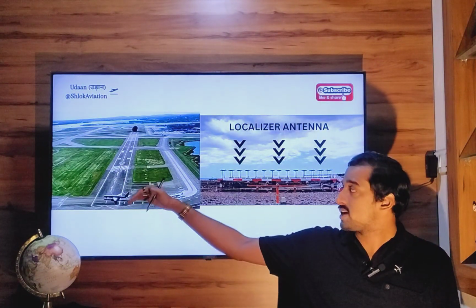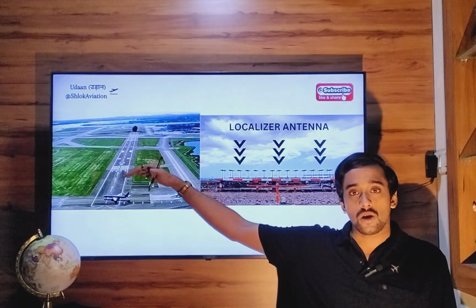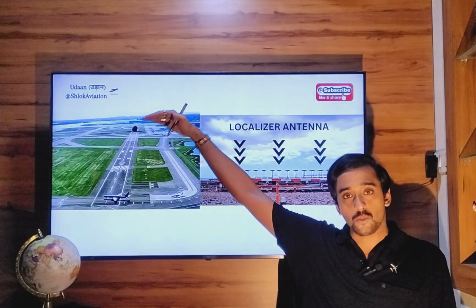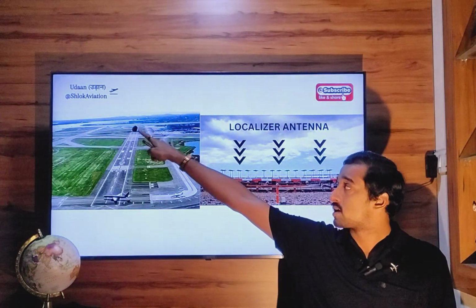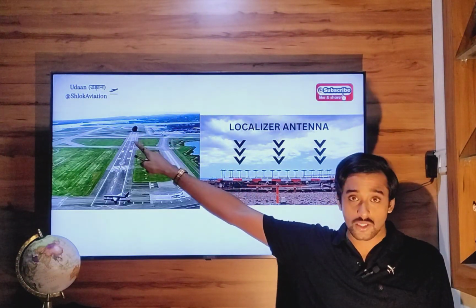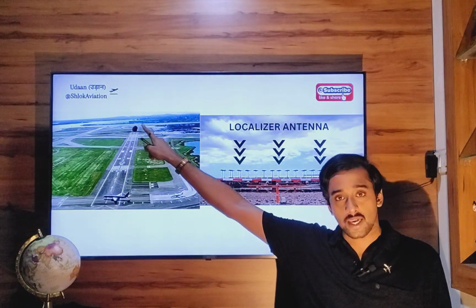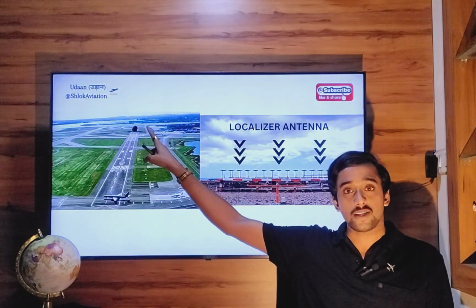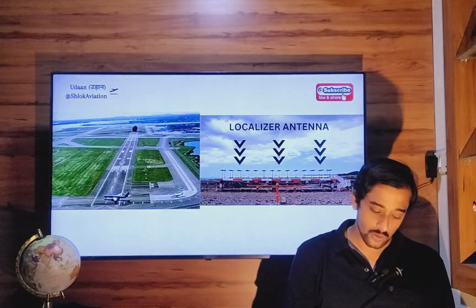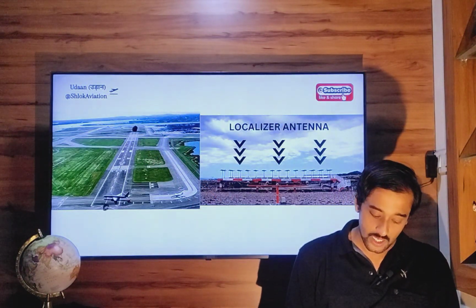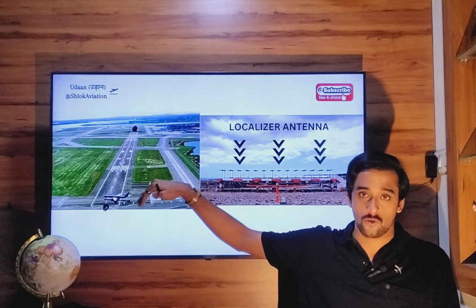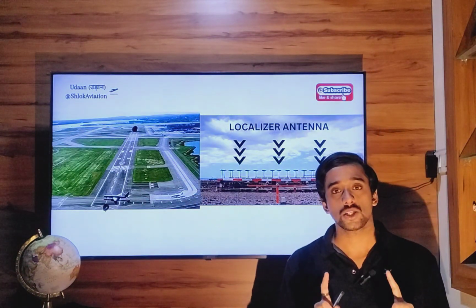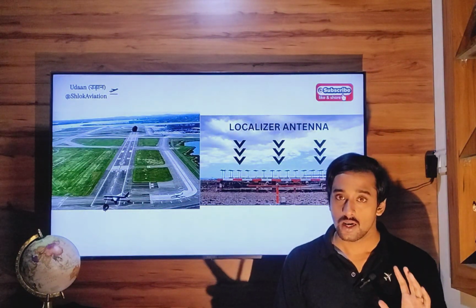If runway 04 is in use that day, all aeroplanes are taking off from runway 04 and landing on 04. For runway 04, the localizer will be situated here on the opposite end of runway 04. So the localizer is always situated on the opposite end of the runway.